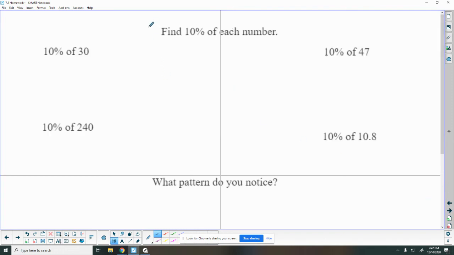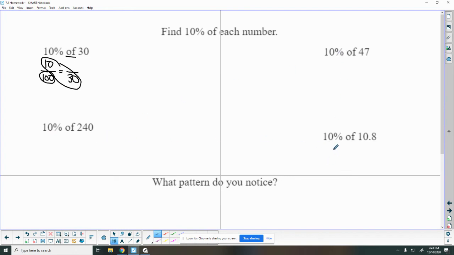Okay, and number 6 asks us to find 10% of each of these numbers. So we know 10% looks like 10 out of 100 of 30. So we're going to put these ofs on the bottom. So if I do 10 times 30 divided by 100. So I will help you set up this last one as well.